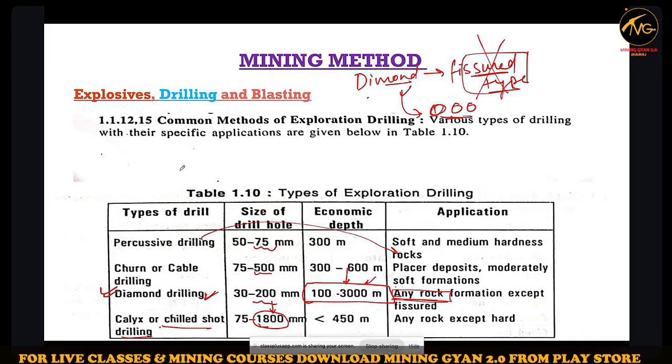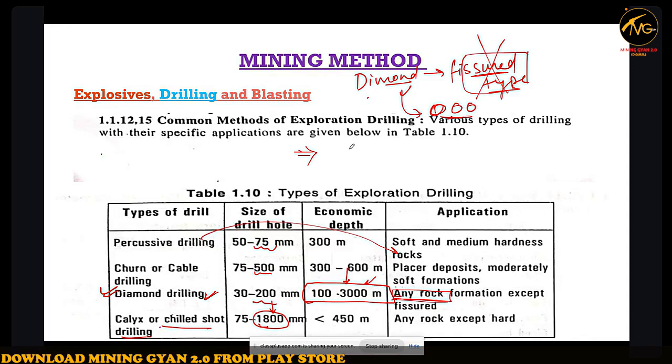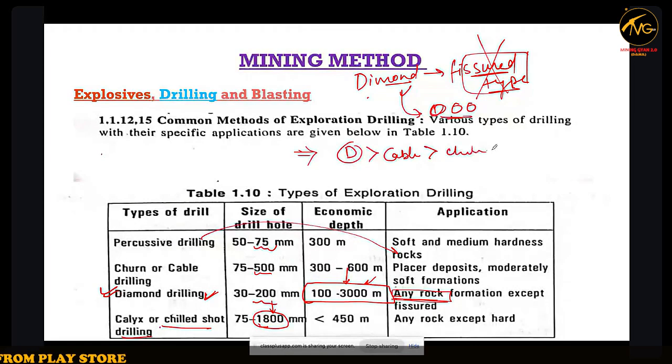So if someone has a problem to mug up the data, then at least you should compare these data. The highest depth is diamond, then cable drilling, then chilled shot, then percussive drilling. And the size of drill hole and economic depth you should remember.